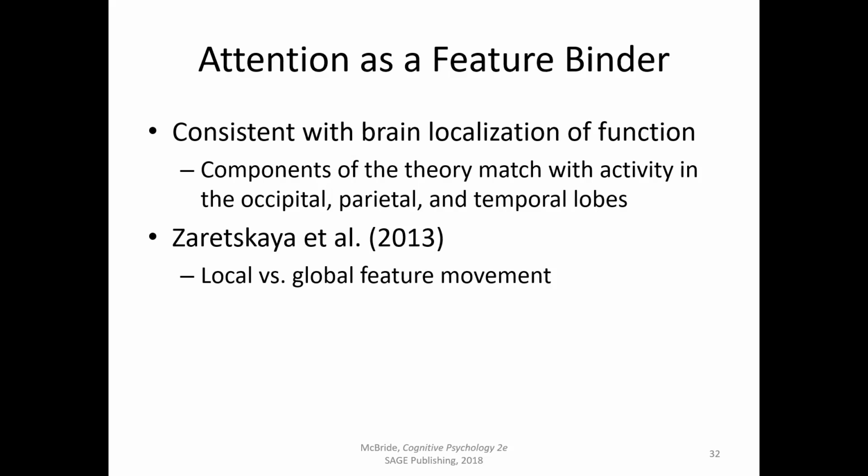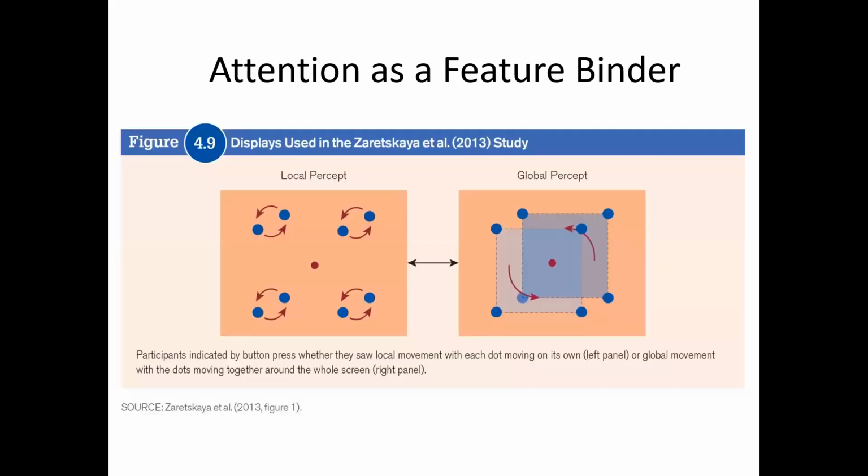If you don't know what those are, I'm about to explain it. So on the left is a local feature movement, and on the right is a global feature movement. So we're looking at how researchers study what someone is and isn't paying attention to.